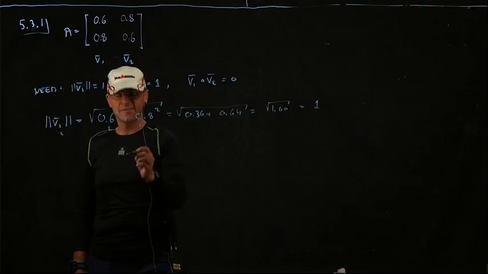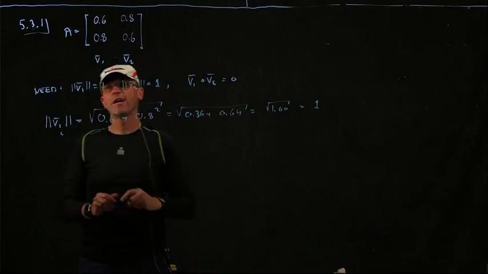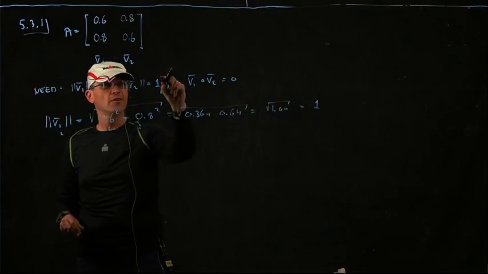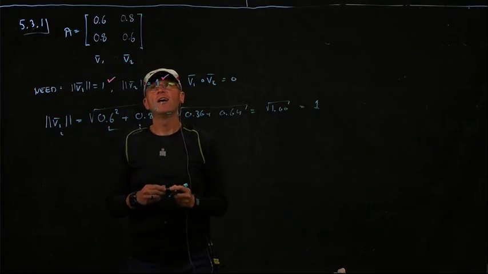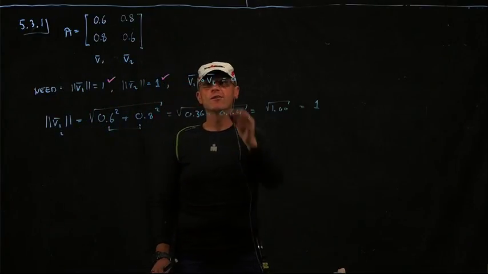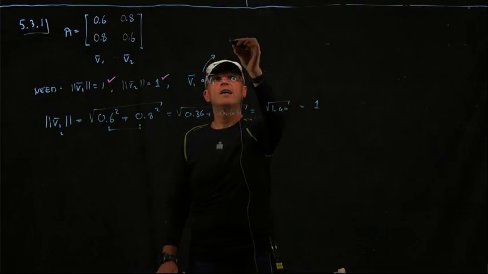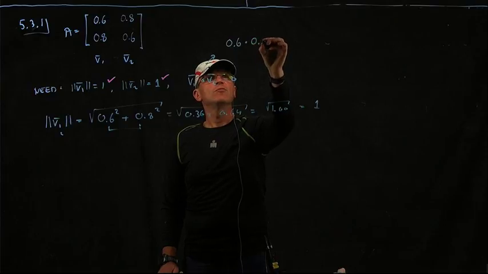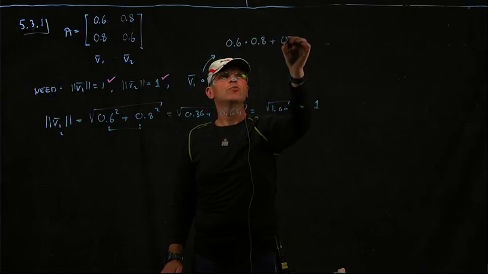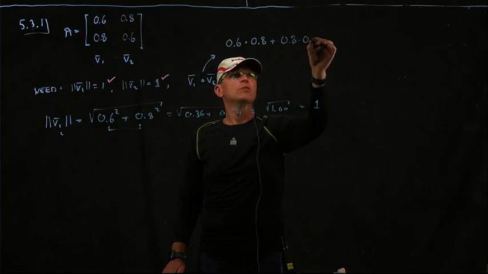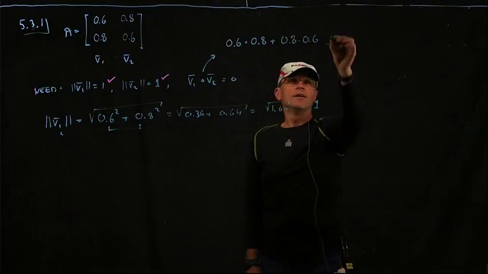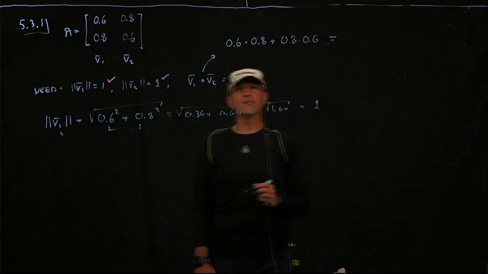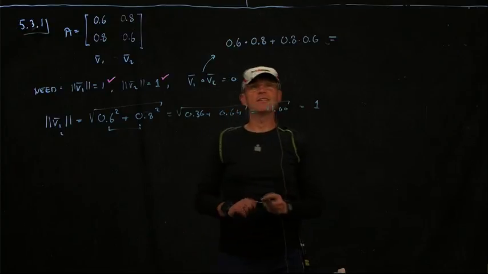So both lengths are indeed 1. That's check, check. What about the dot product? We have 0.6 times 0.8 plus 0.8 times 0.6. It seems unlikely that two positive values will cancel out and give us 0.